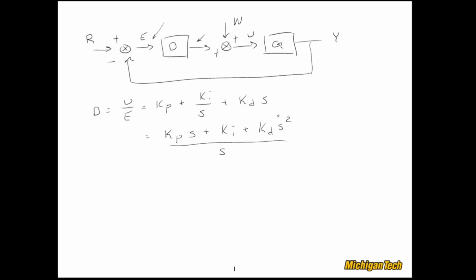Now it has a little problem here with the order of the numerator being larger than the denominator, and there's practical ways to fix that, but we're not going to get into that kind of detail just yet. Another form of the PID controller is like this. Sometimes there's a gain out front, and then it's written like so.